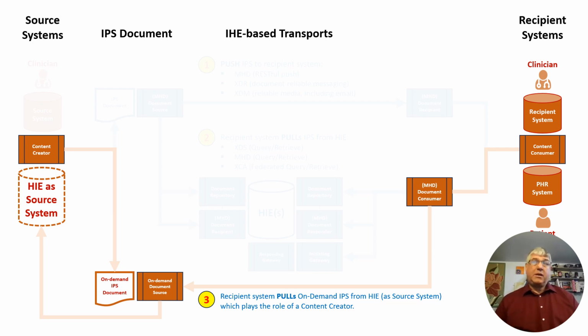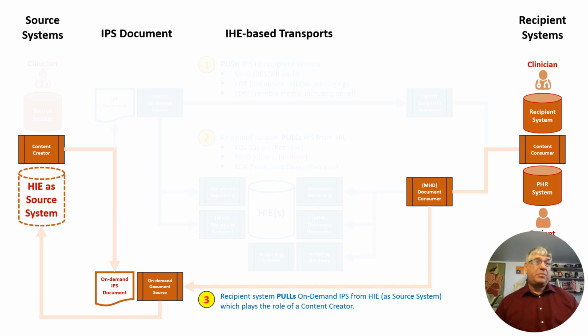A consumer can see that this is an on-demand request as different from a snapshot, and it can request that on-demand creation of an IPS. When that happens, the actual source system, through automation software, assembles together an IPS, a summary. It will use the information it has at that time.